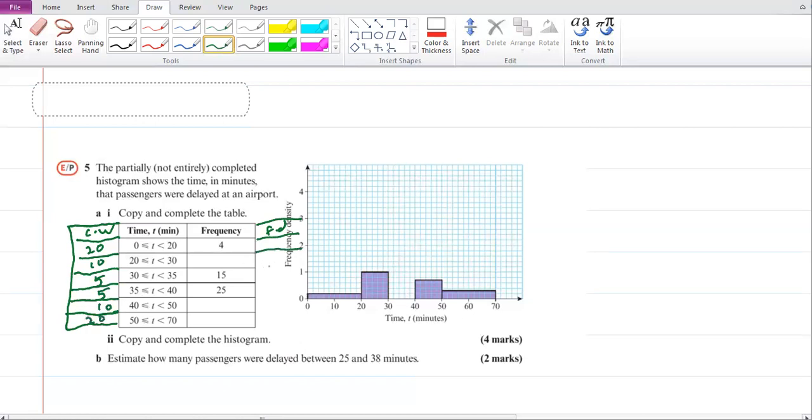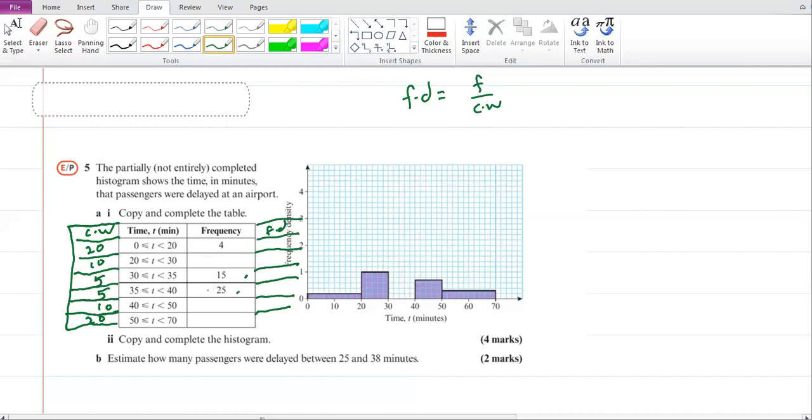Now, here I have to write the frequency density for each of these. What is the formula for the frequency density? The formula for the frequency density is frequency over class width. This one is a complete part, where we have frequency and class width.